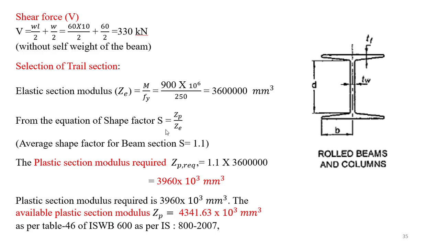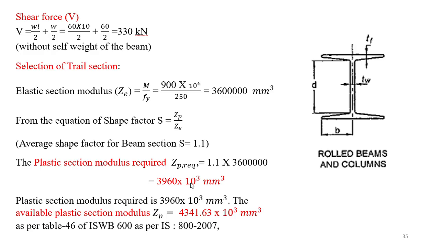By using these two values, S and ZE, I have found the plastic section modulus of the required section. Shape factor S into ZE will give ZP required, and we got 3960 into 10 to the power of 3 mm cube. This is the total required section modulus.